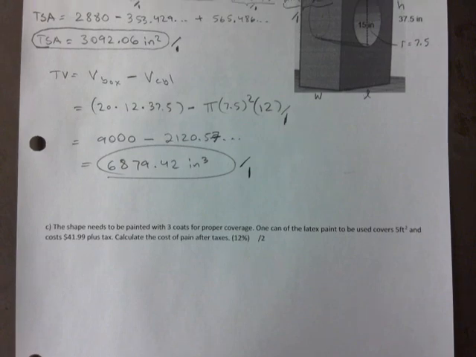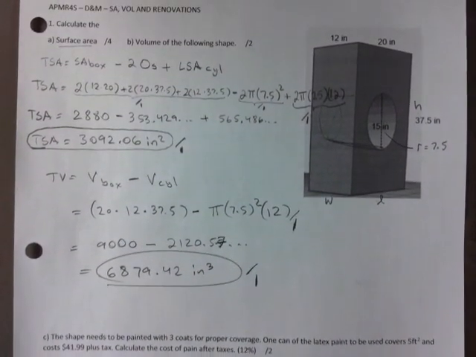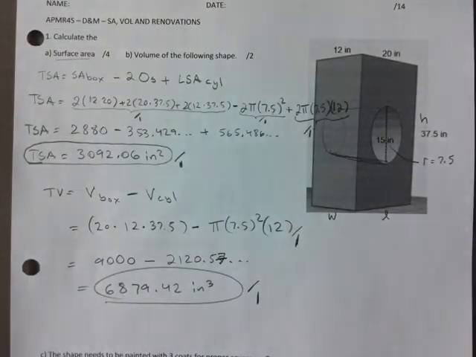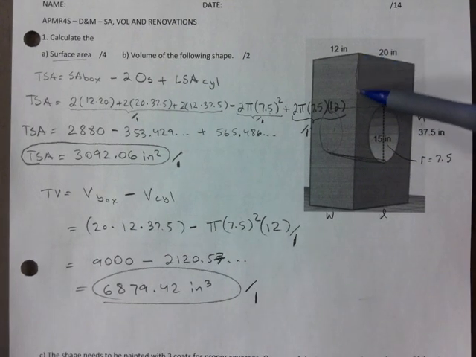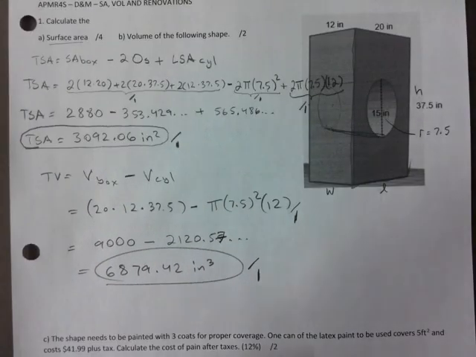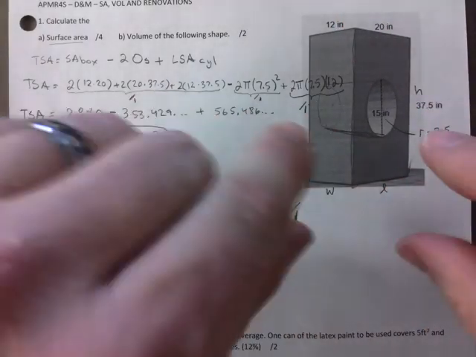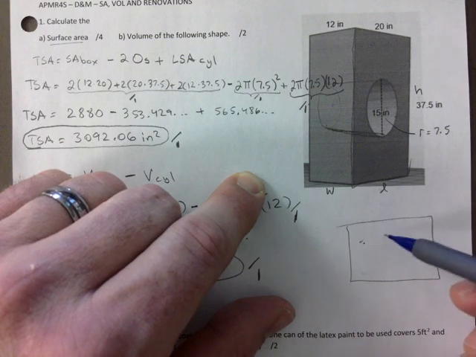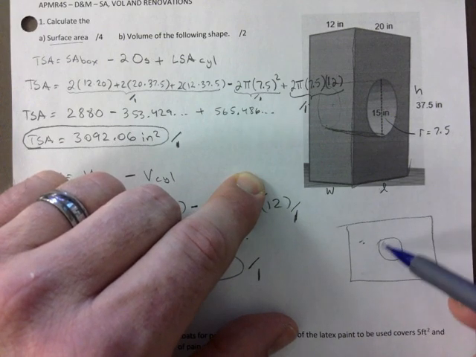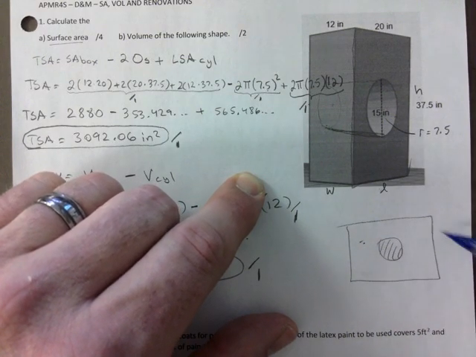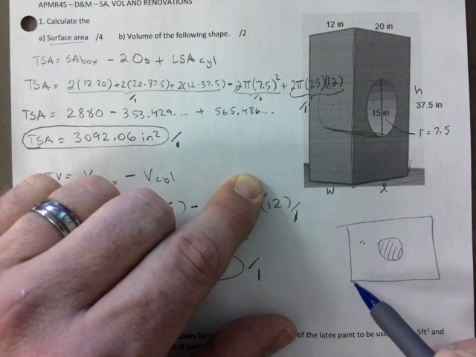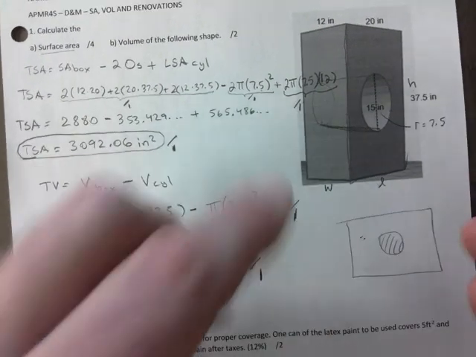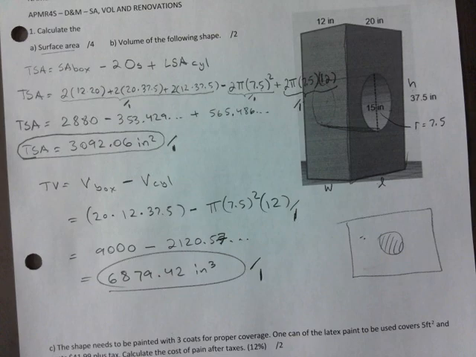You mind me going off on a tangent here? This one, technically, if you found this face right here, like let's say we lay this down so that the circle's at the bottom. If you found this area and multiplied it by the height as it comes up, you actually could find the volume that way.